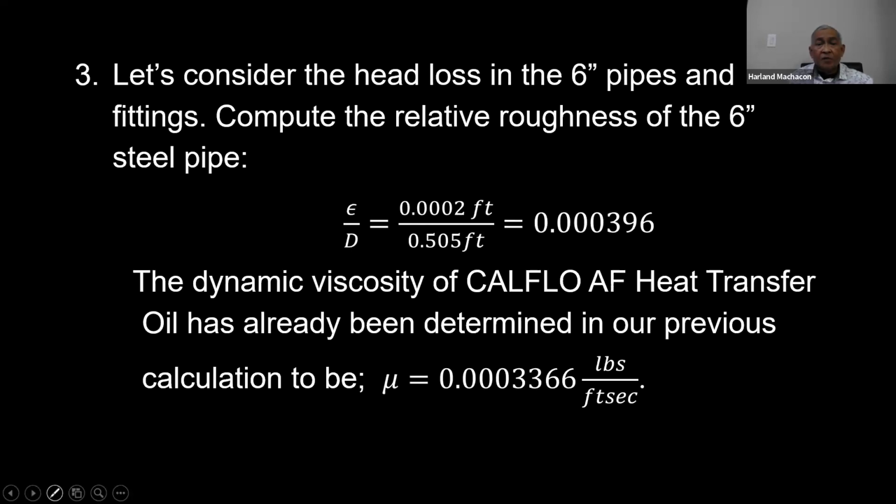Then we consider the head loss in the 6-inch pipes and fittings. So again, we compute the relative roughness of the 6-inch steel pipe. We have the absolute roughness of 0.0002 feet, divided by the inside diameter of a 6-inch pipe, which is 0.505 feet, and the result of the relative roughness will be 0.000396.